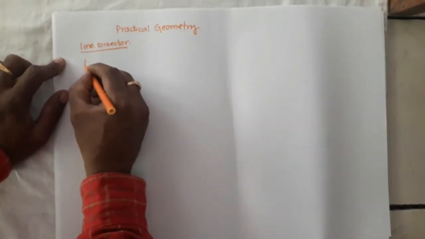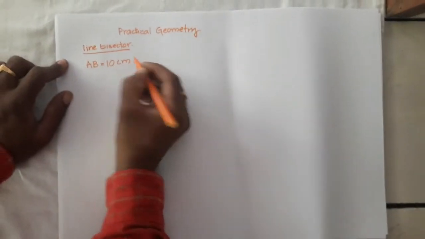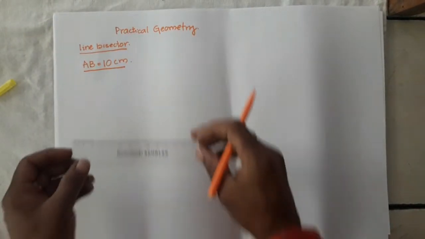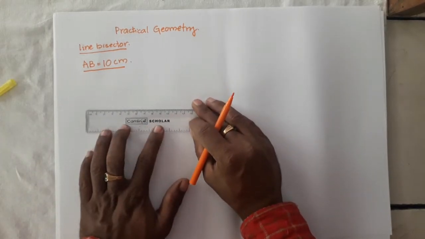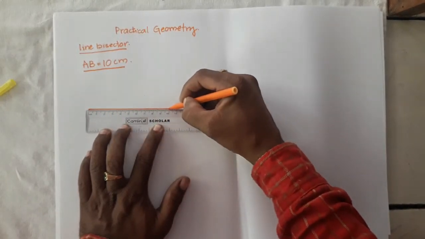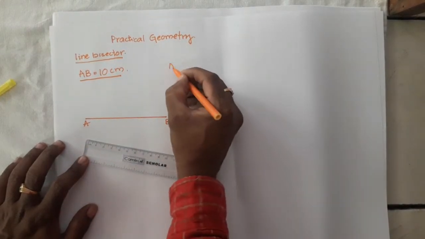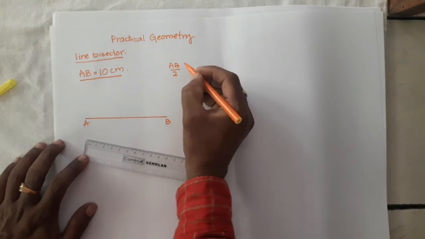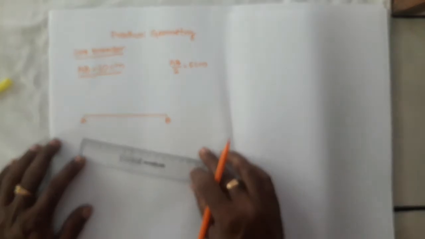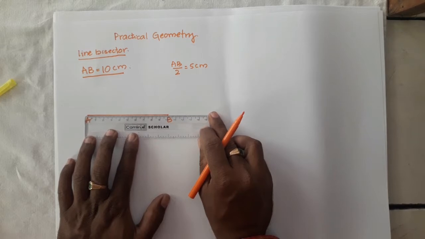If there is a line segment, say AB, which is 10 centimeters, we know how to bisect this in an easier way. If I draw a line segment of length 10 centimeters, say AB is 10 centimeters, when AB is divided by 2, we get 5 centimeters. 10 by 2 is 5 centimeters. 5 centimeters is easy to get on a ruler.